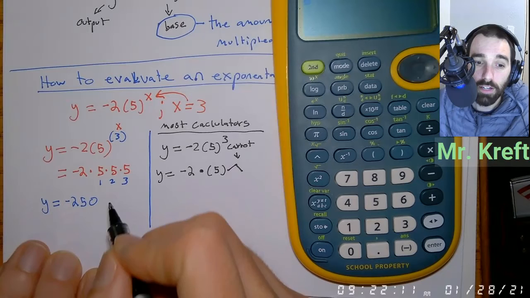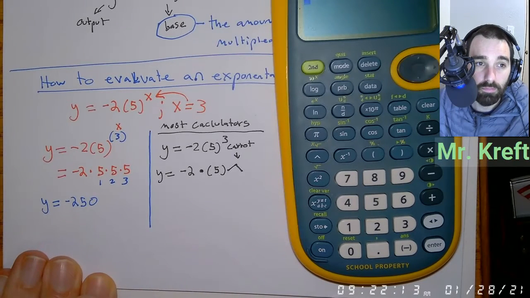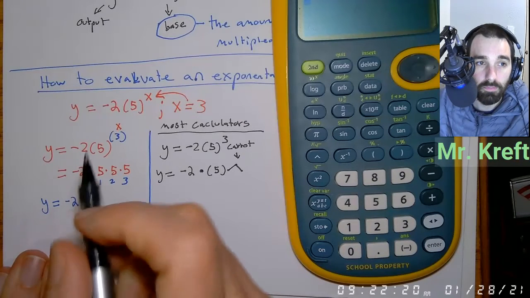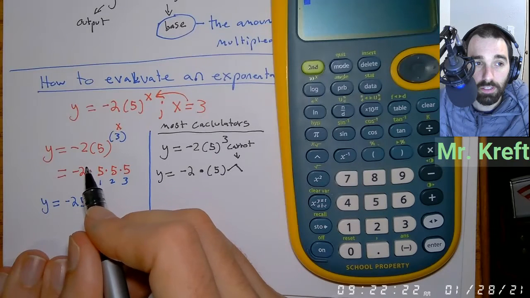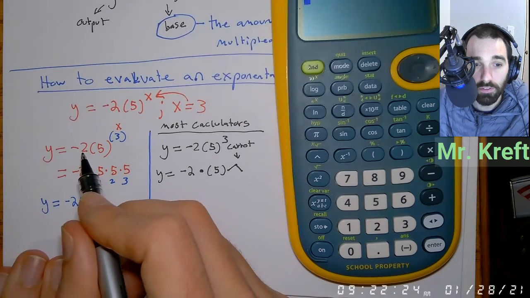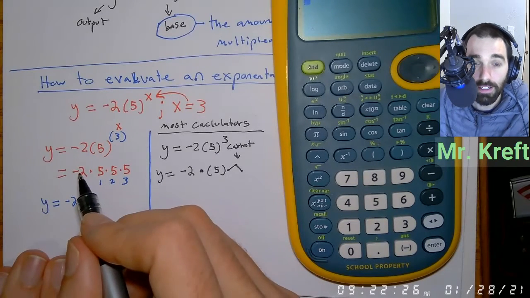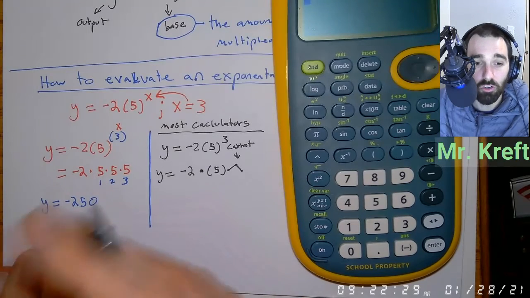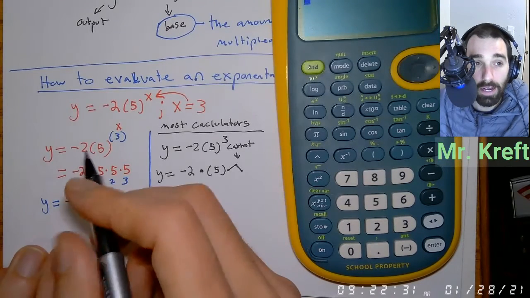So I don't know where you're getting the 20 from. If I take a look at this, the -2 just stays. It's a good question, I just want to make sure I understand what you're asking.